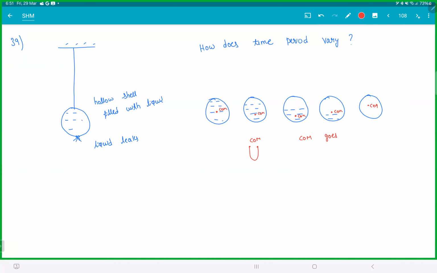As it is becoming empty, because at any point the center of mass of the system is center of mass of the liquid plus the shell. Center of mass goes down and comes up. And remember, what is L in the formula? L is the distance between the point of suspension and center of mass. Therefore, L increases and decreases. L is not the length of the string.